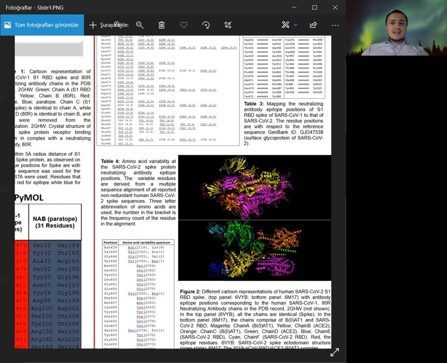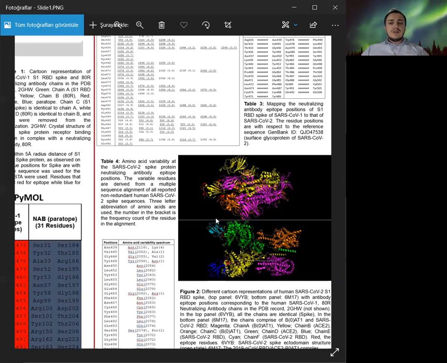The putative neutralizing antibody epitope sites on the SARS-CoV-2 spike were then analyzed for their diversity in the reported population of the virus. After removal of duplicate sequences from the initial data set retrieved from the various databases, 2,240 non-redundant SARS-CoV-2 spike protein sequences remained. These sequences were used to analyze the amino acid variability among the strains of the virus for the epitope positions corresponding to the paratope of the ATR neutralizing antibody.